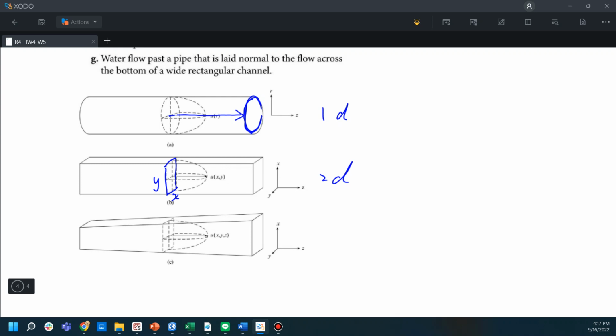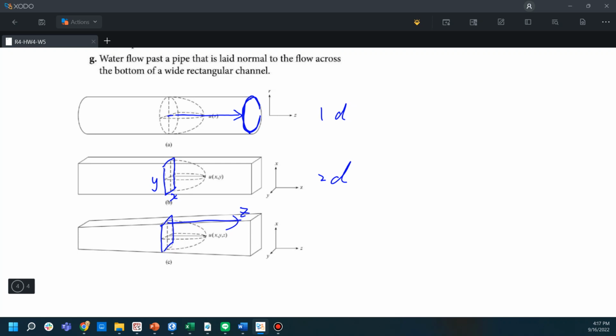And the last part, you can see that for this area here, it's actually changing along this z-axis. So to describe the flow, we have to use the 3D. The flow is the three-dimensional flow, okay? Because the velocity of the flow depends on the location x, y, and z.